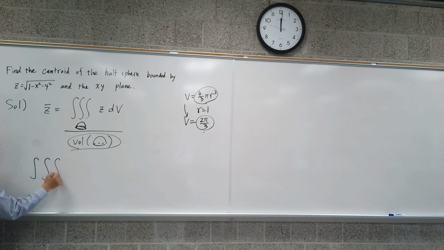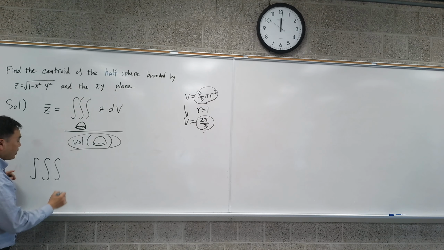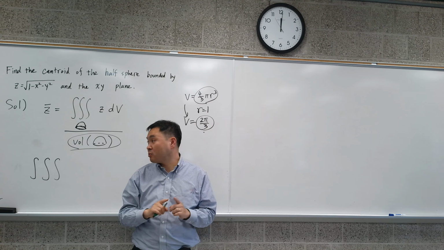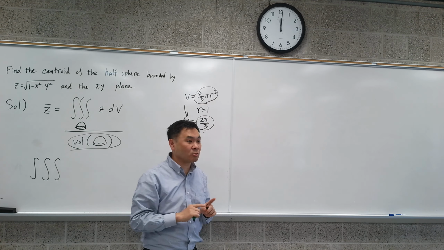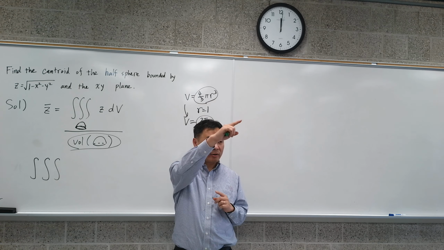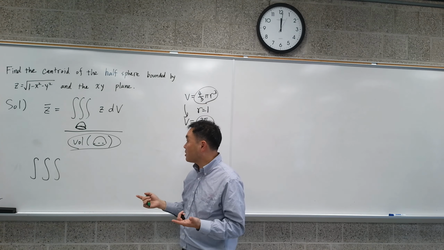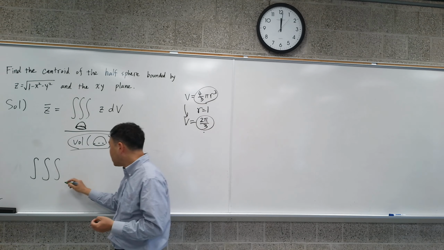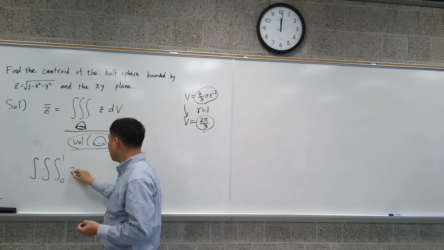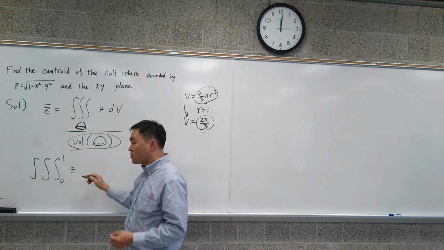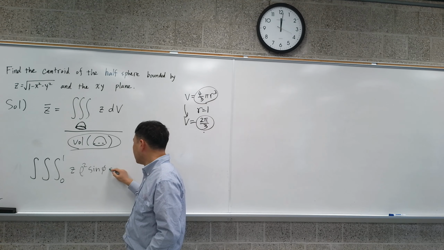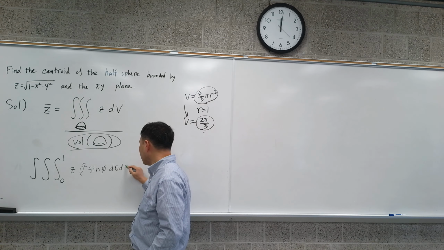The top integral, to cover this area by the spherical coordinate system using rho and phi and all that. First of all, rho goes from 0 to where? It's a sphere of radius 1, so it goes from 0 to 1. Remember, dv in the spherical coordinate system is rho squared sine phi d theta d phi.